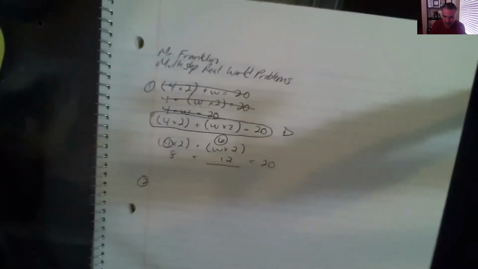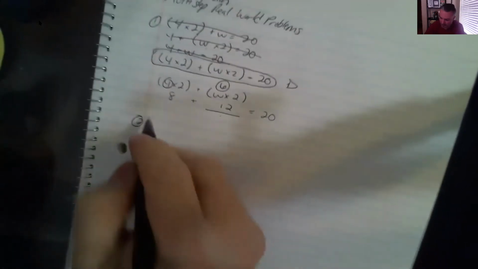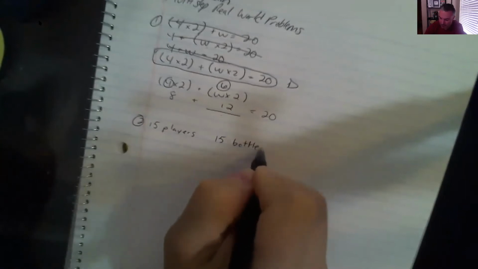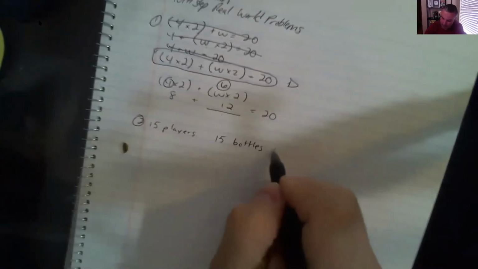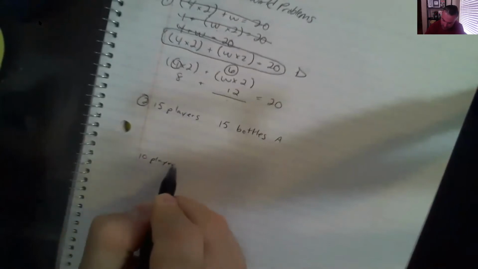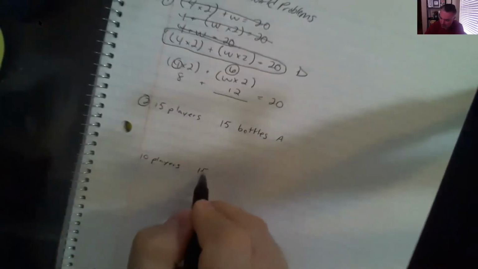All right, so what they're saying is, A, 15 players, 15 bottles. That's A. B, 10 players, 15 bottles.